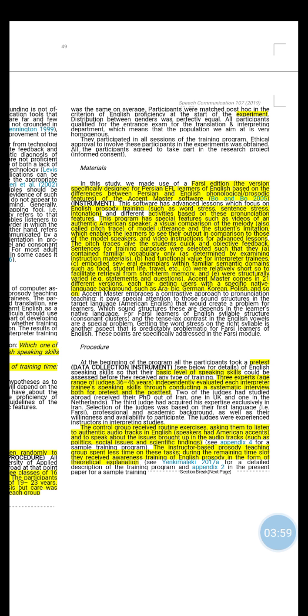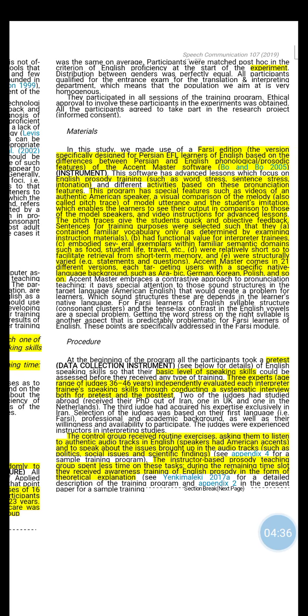and the researchers applied the specifically designed Farsi edition for Persian EFL learners, as I mentioned before, based on their differences in phonological or prosodic features. They used the Accent Master software, which emphasizes word stress, sentence stress, intonation, vocabulary, and other audio features.